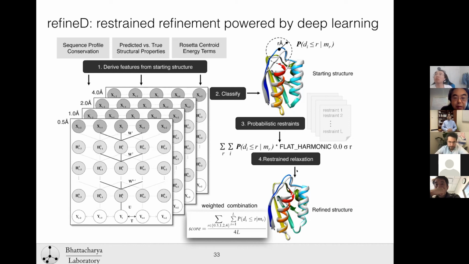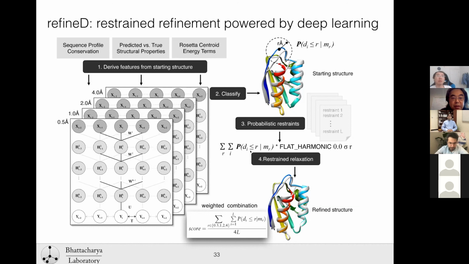So let's start from this refined D. In this refined D, the equation R is either 0.5, 1, 2, or 4, I guess, and then you combine all of them in summation. But in QDeep, you also have a prediction of residue level error at the individual steps.